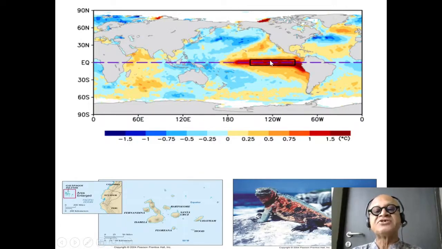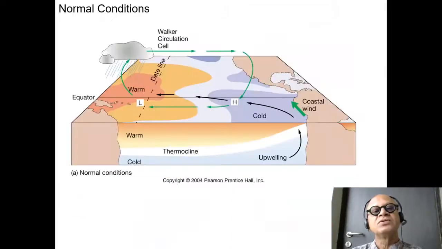We'll see that there is an opposite phase where things get colder than normal, and obviously we cannot call it anti-El Nino, that would be Antichrist. So we call it La Nina, the name that was brought up by a guy called George Philander from Princeton University. Okay, so that's the normal condition.